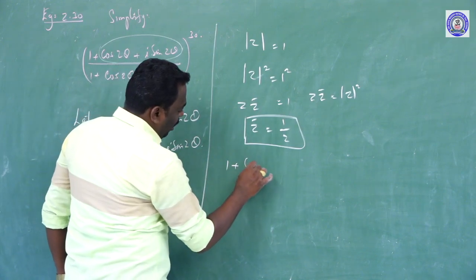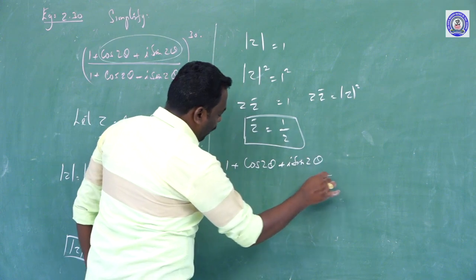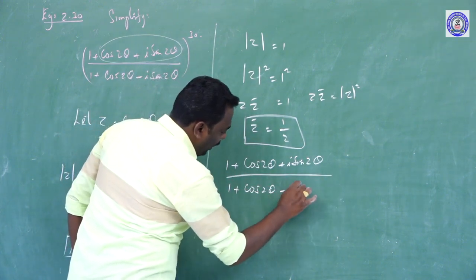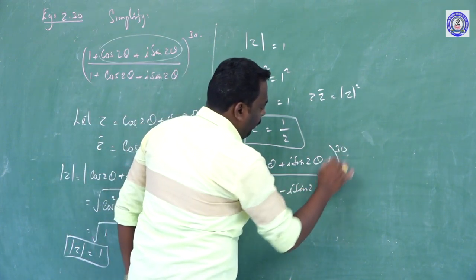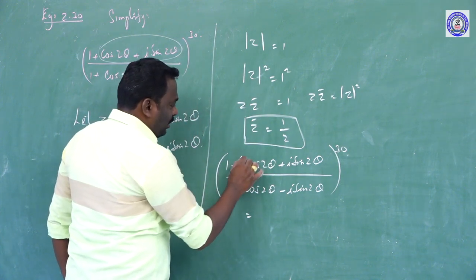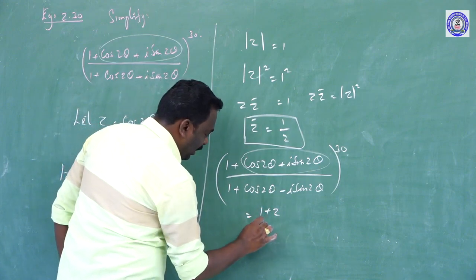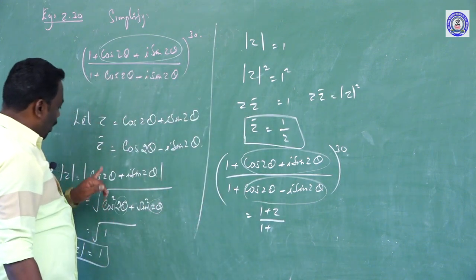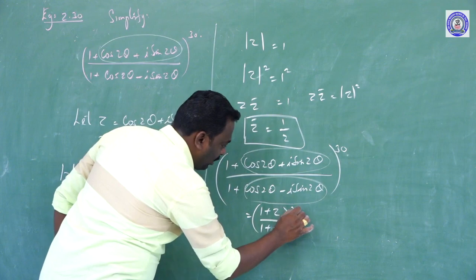(1 + cos 2θ + i sin 2θ)/(1 + cos 2θ − i sin 2θ), whole power 30, equals (1 + z)/(1 + z bar), whole power 30.